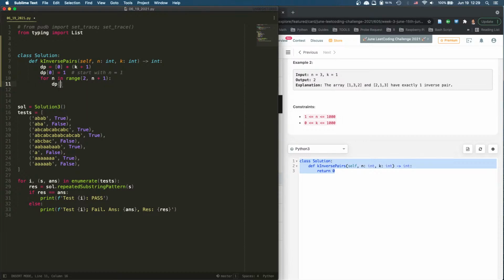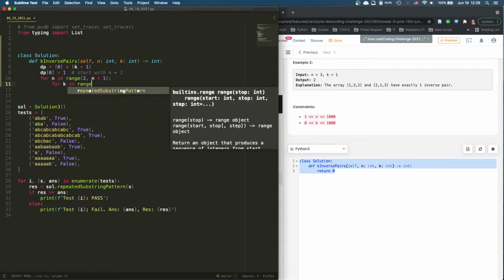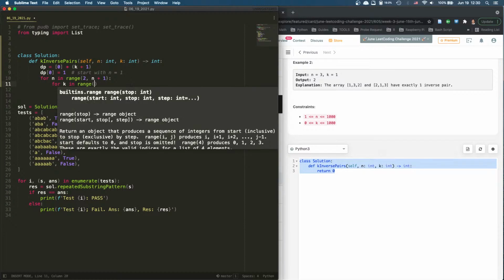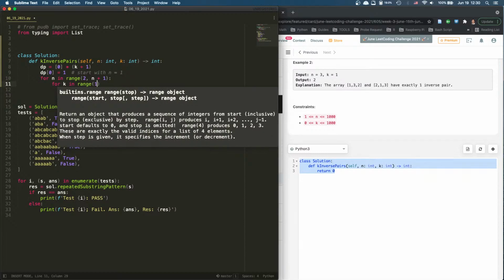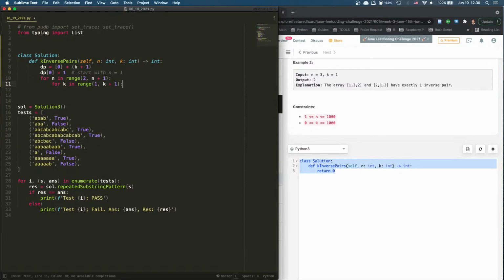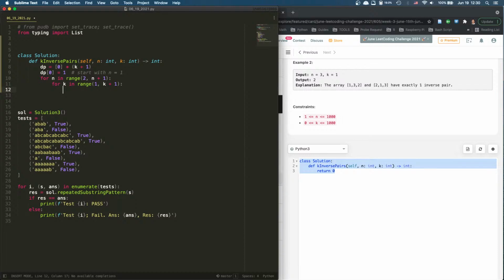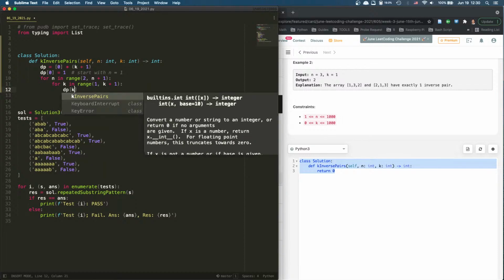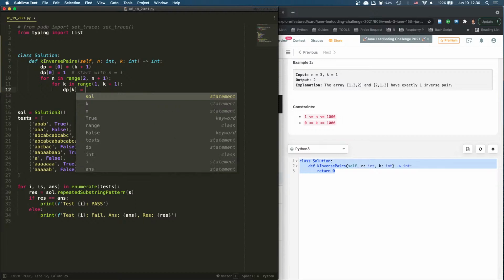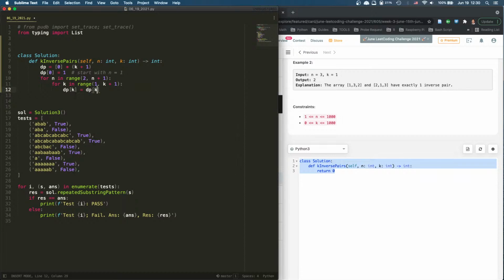dp. So for k in range, because dp 0 will all be 1, we don't have to do that anymore. So the range is just going to start from 1. k can be 1 to k plus 1, right? And then we say dp k equals, right, equals what? dp k equals dp k minus 1, right?